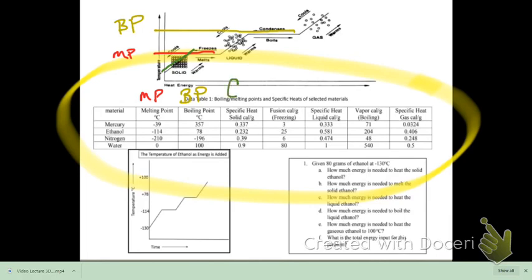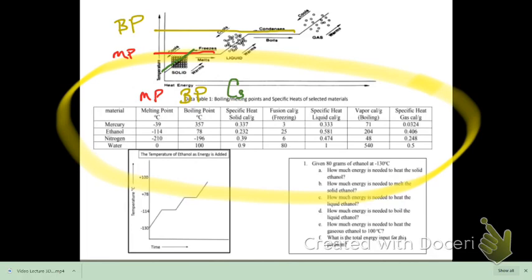This tells you how much energy and heat per gram goes into heating up. Remember, it's 1 gram, 1 degree Celsius. So this is the number of calories required to heat up 1 gram of that substance, 1 degree Celsius. And we would use that for the calculation of heating up the solid.